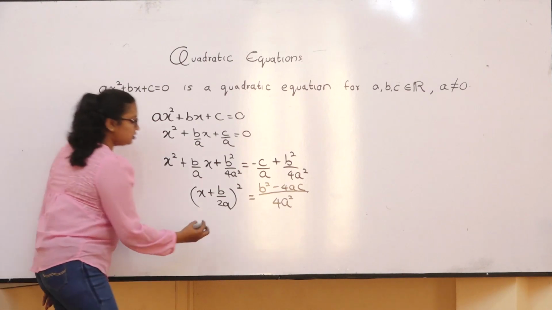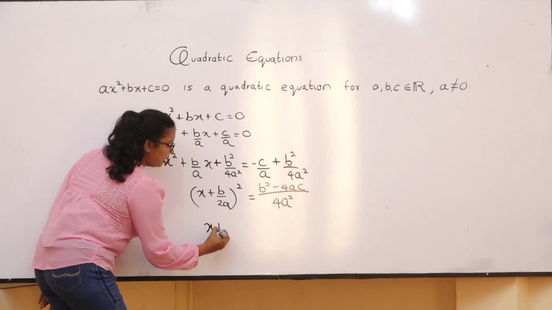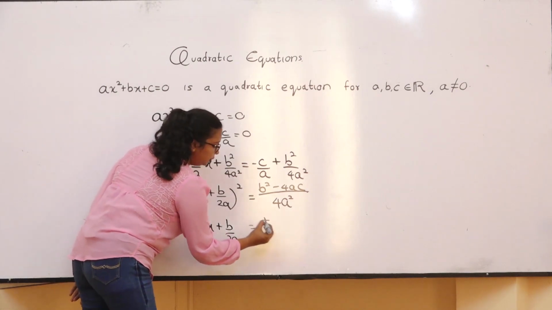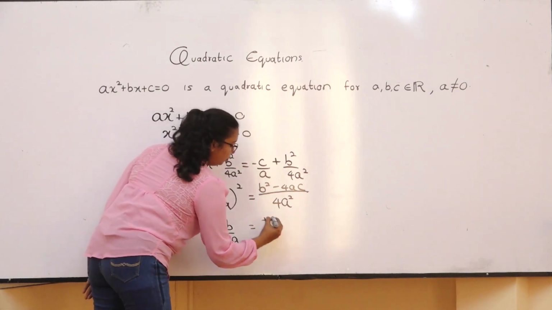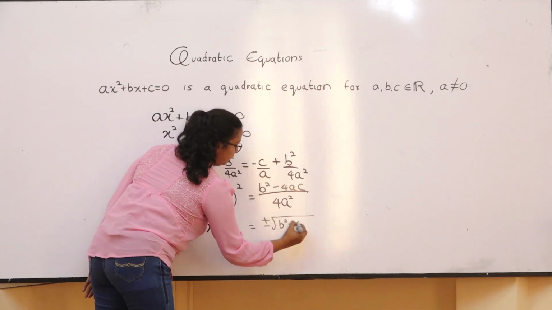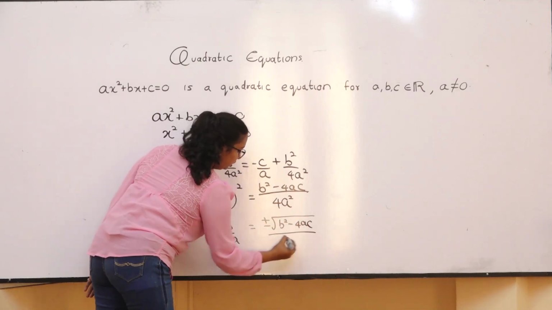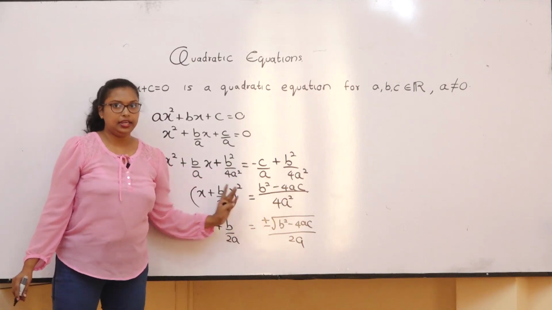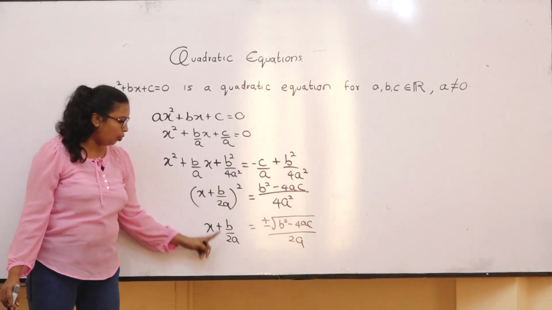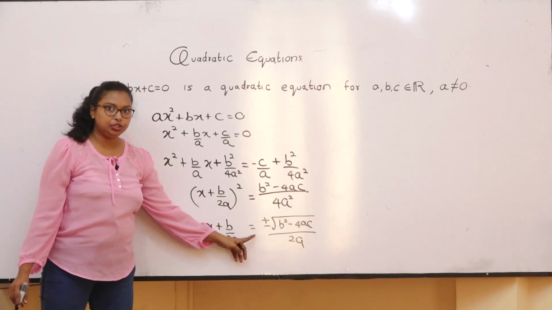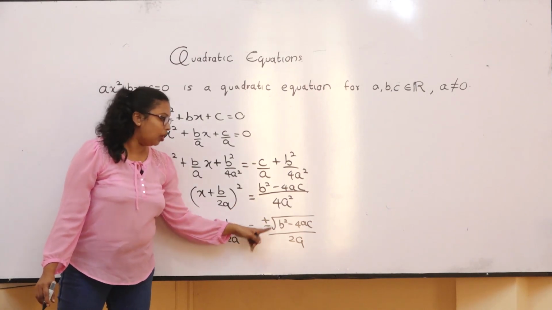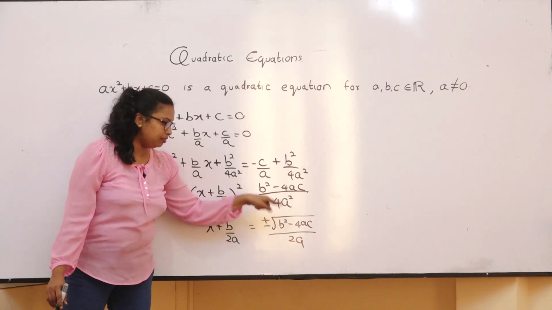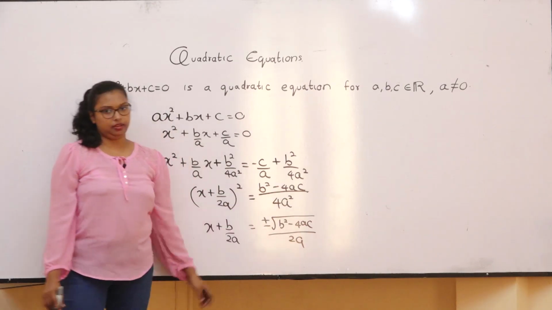Now get the square root of both sides: x plus b over 2a equals plus or minus the square root of b squared minus 4ac over 2a. Here it is 4a squared, so once you get the square root, you are getting 2a there.